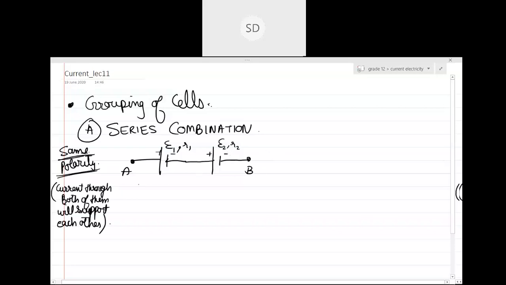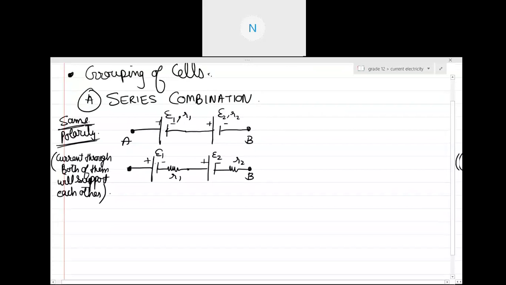So what exactly am I doing? First of all, if there is an internal resistance, how do you deal with it? I can draw this internal resistance in series with the battery, right? We try to do the same thing from the very beginning itself. Now see, guys, this is E1, R1, E2, R2, every one of them is in series.